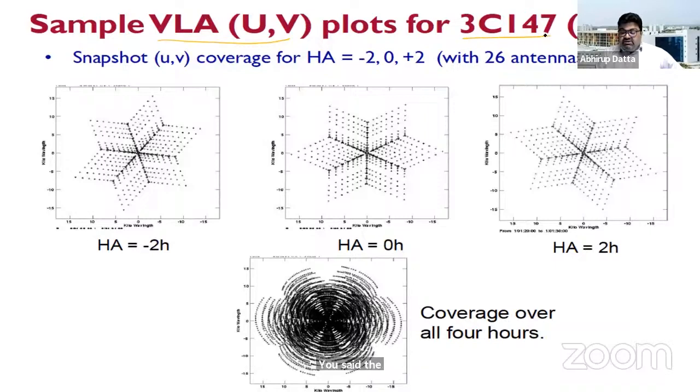And for a particular source, if you're looking at a source called 3C147 with a declination of 50, with an antenna which is looking from VLA. So VLA, its latitude is 34° north. Okay, and correctly check.